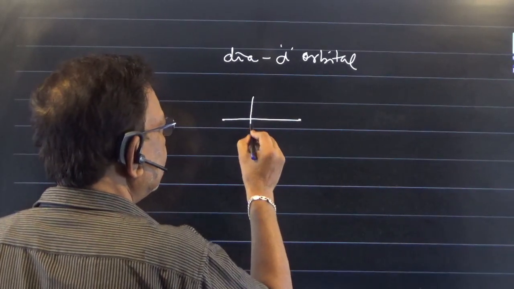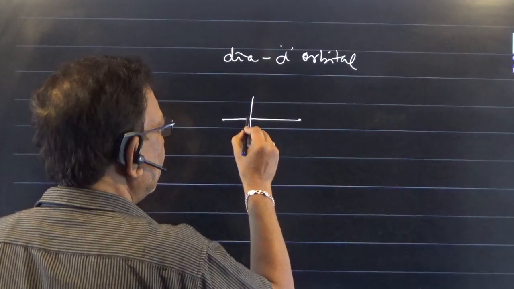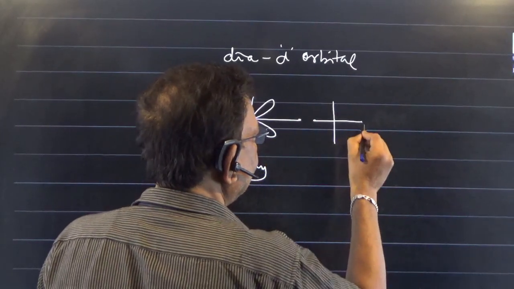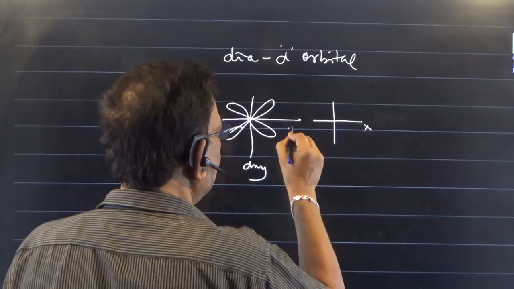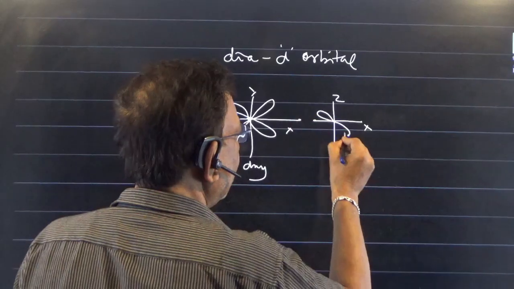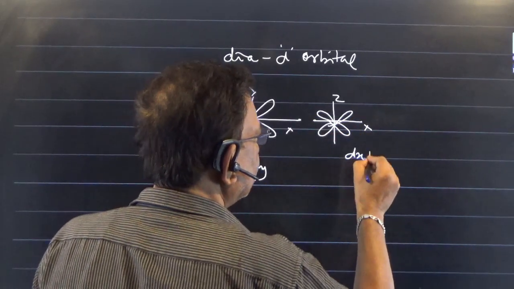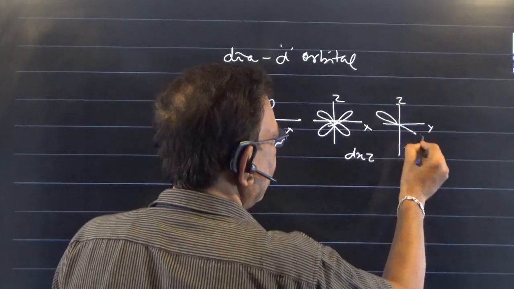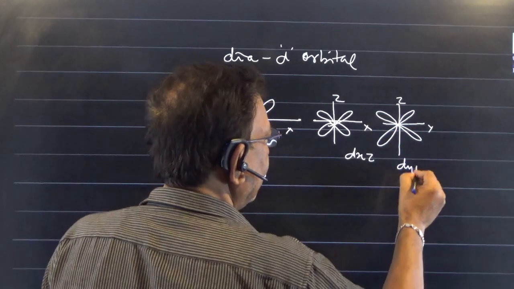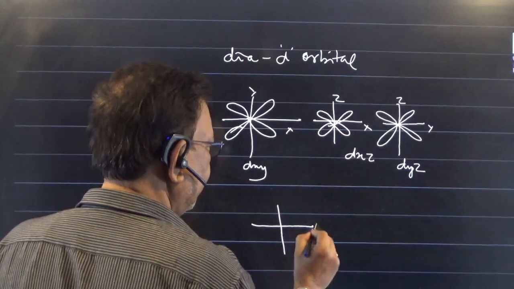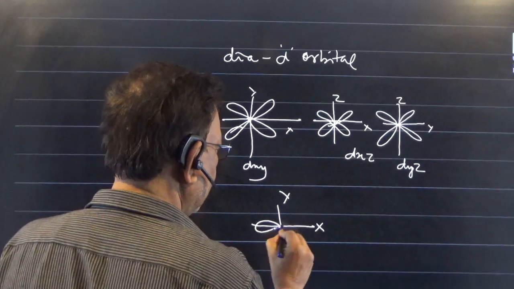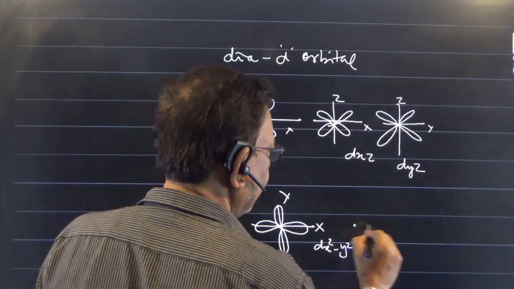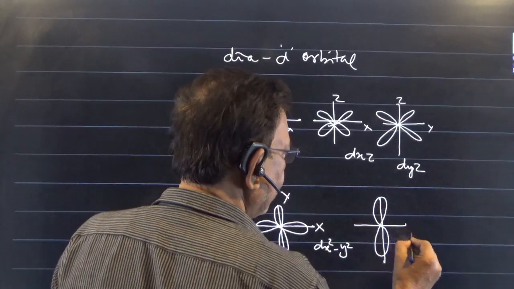The d subshell is divided into 5 parts: dxy, dxz, dyz. This is the diagram of the different orbitals.